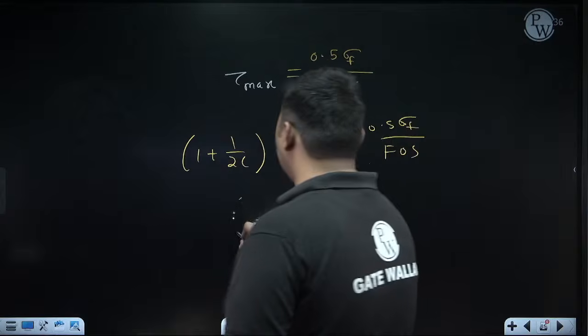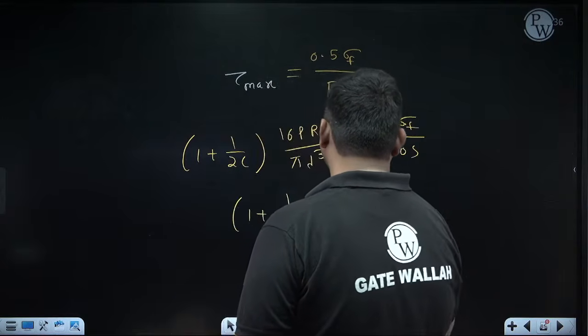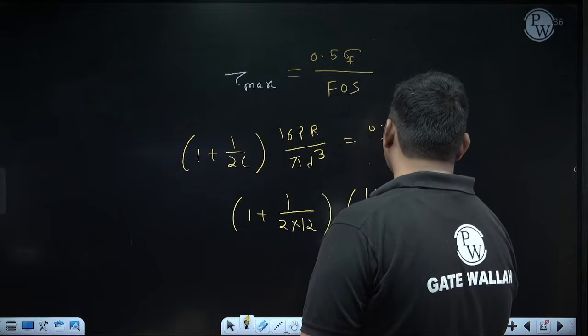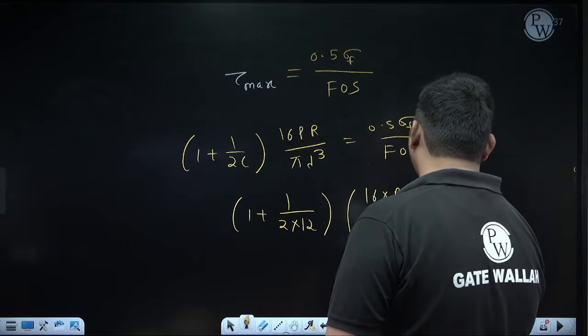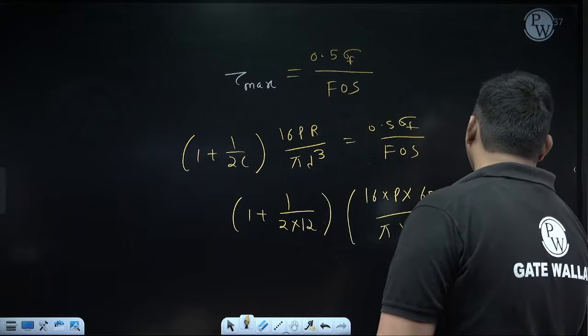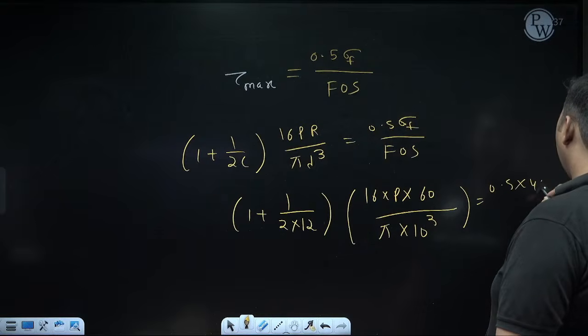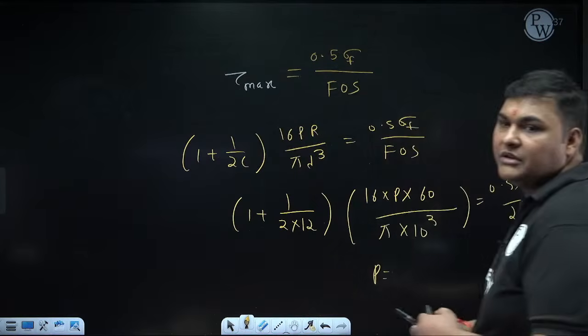So 1 plus 1 upon 2c, c is 12, times 16 P capital R, which is 60 mm, upon pi small d cube, small d is 10, so 10 cube, equals 0.5 times sigma f, tensile strength is 480, factor of safety is 2.5. So how much is the limiting value of P coming?